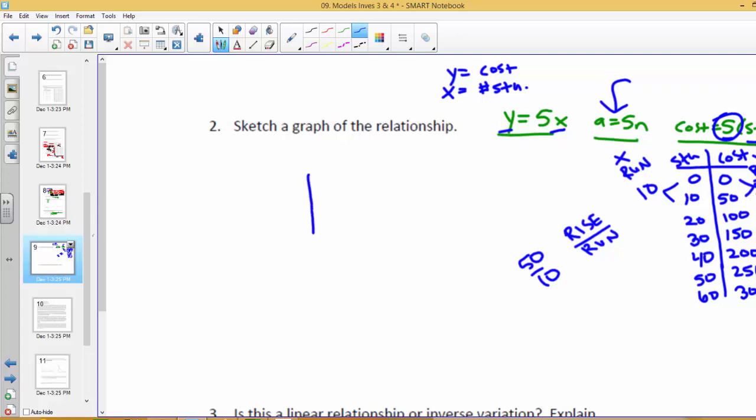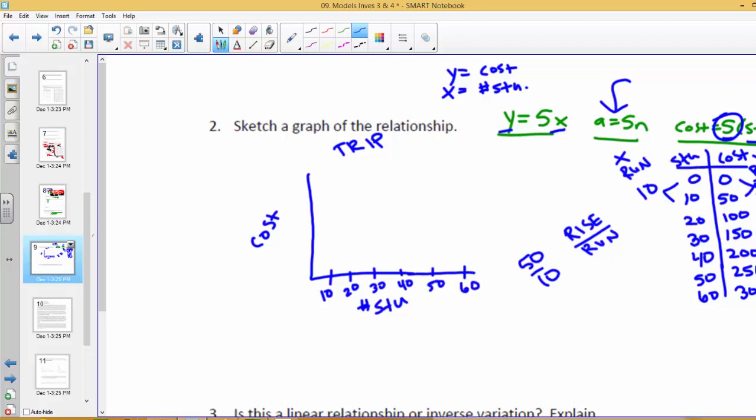So to sketch a graph of this, in the x-axis, you're most likely going to count by 10s or 20s, whatever you decided to count by on your table. We know it's linear because we're in the form y equals mx plus b, so you only need a couple points.